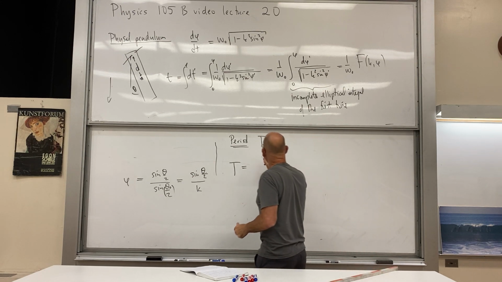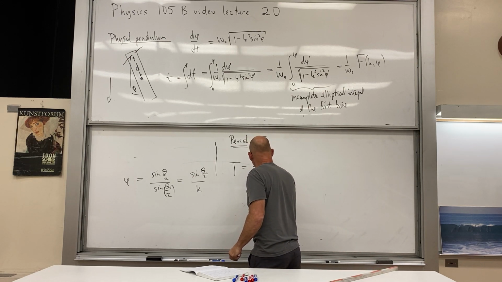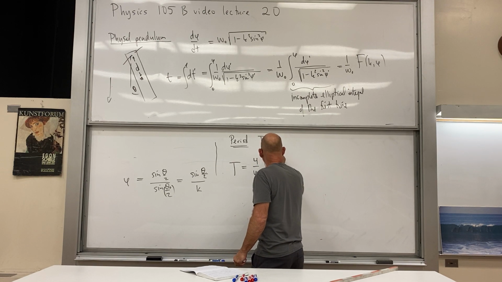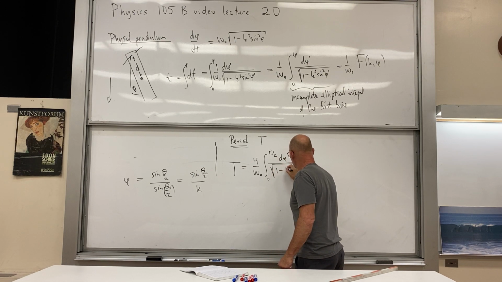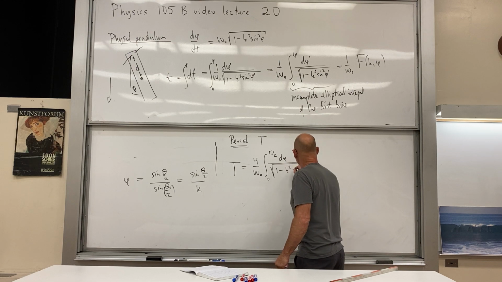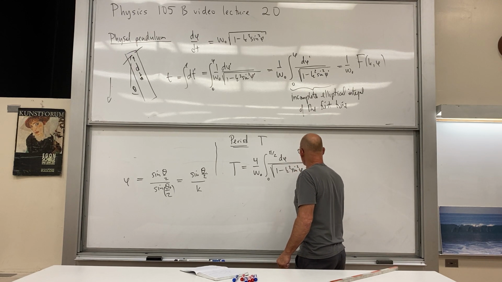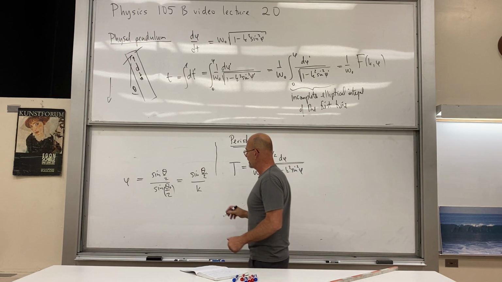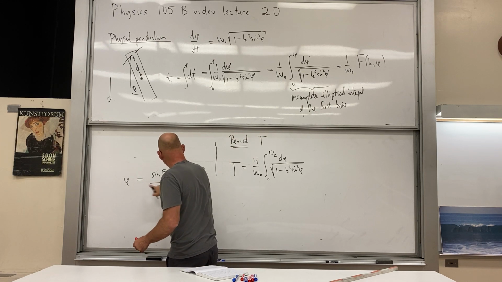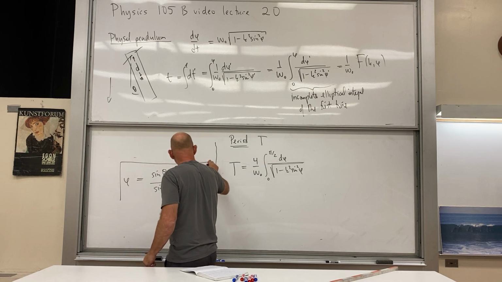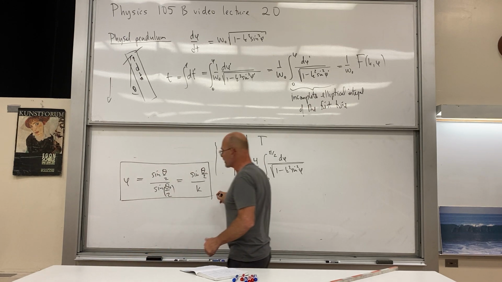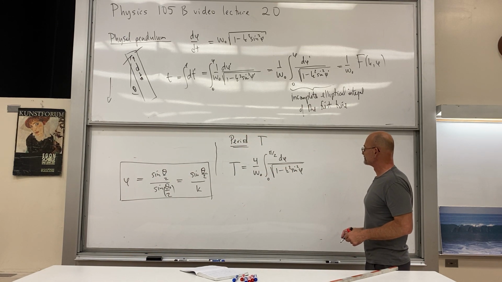So the period will be 4 divided by omega naught, integral 0 to pi over 2 d phi over root 1 minus k squared sine squared phi. And we have k and phi and everything defined right here, so we'll just hold on to this definition or rewrite it at the appropriate point in your notes.